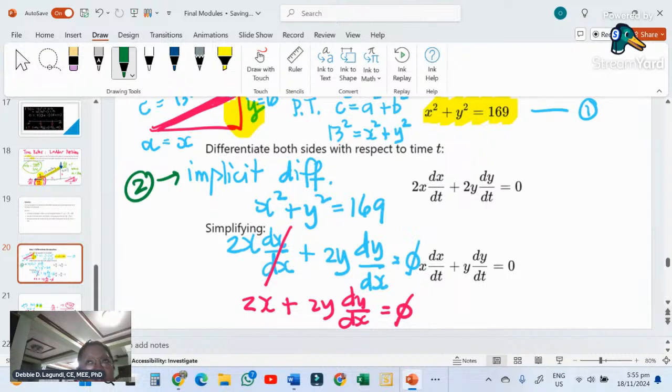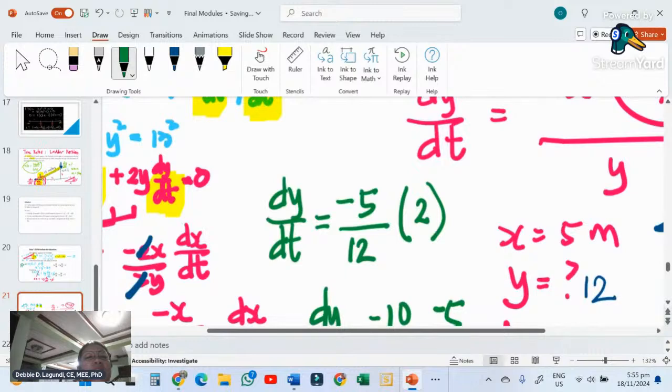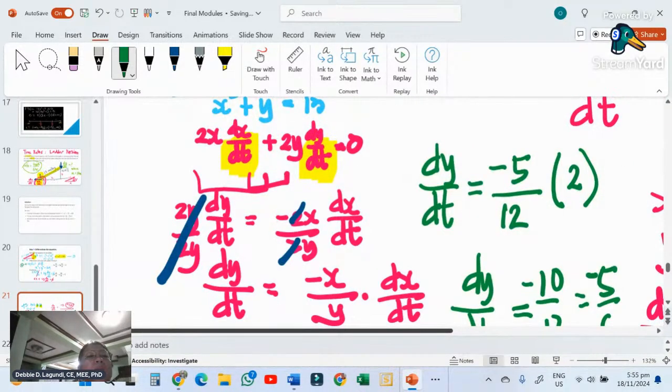This was just an illustration just for you to recall implicit differentiation. And after that, after the implicit differentiation, whatever be the variable you're going to look for.